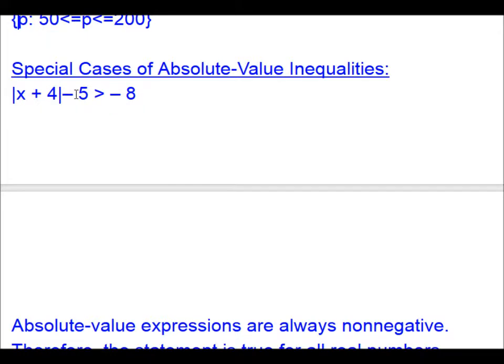This is |x + 4| minus 5 is greater than minus 8. So we can write the same thing as |x + 4| is greater than minus 8, and when minus 5 goes on the other side it becomes plus 5. So minus 8 plus 5 makes it minus 3. So |x + 4| is greater than minus 3.